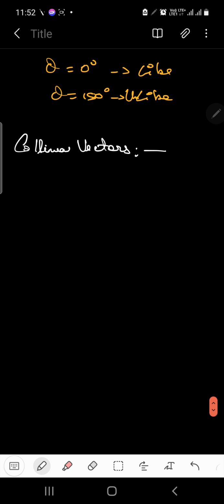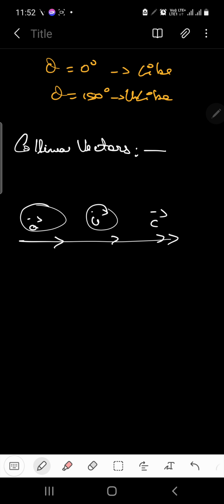Clear? Same line. Suppose this is a line given, and this is a vector, this is b vector, this is c vector. So these vectors are said to be collinear in nature. Their magnitude need not be the same, but they are acting along the same line. That is what the term collinear means. Clear? I guess it's clear.